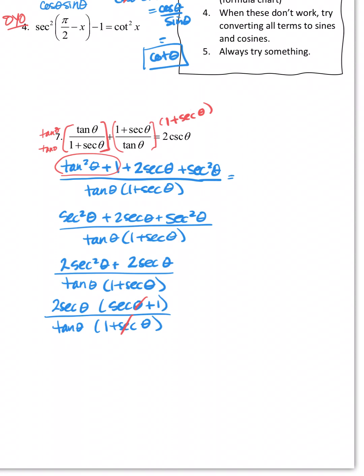It's okay to do that. Now, what's next? Well, 2 secant would be 2 times 1 over cosine, right? And now let's think. Tangent is sine over cosine. So if I keep it, change it, flip it, where does that give me? All right, 2 times 1 over cosine.